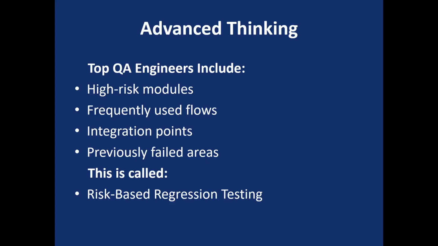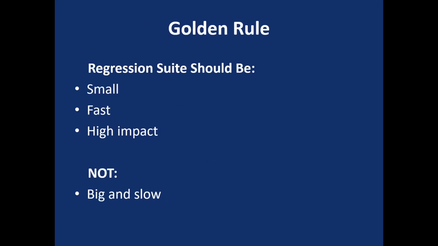Now, if we think at an SDET level, with advanced thinking at an interview level, top QA engineers always think like this: include high risk modules, frequently used flows, integration points, previously failed areas. This is called risk based regression testing. Always remember, a regression suite should be small, fast, and high impact, and not too big and slow.